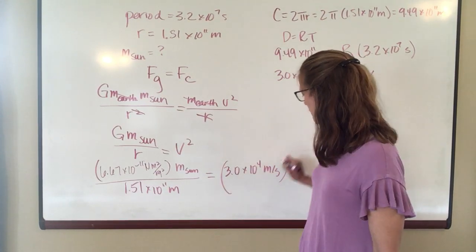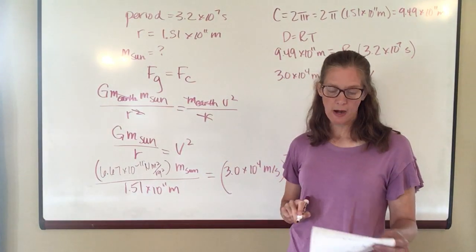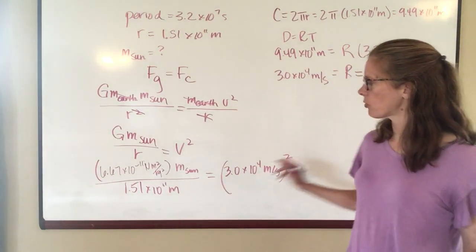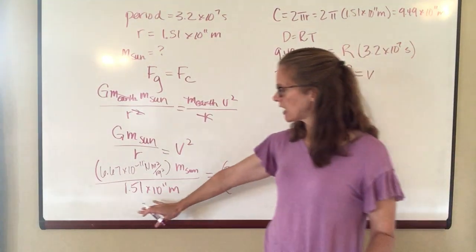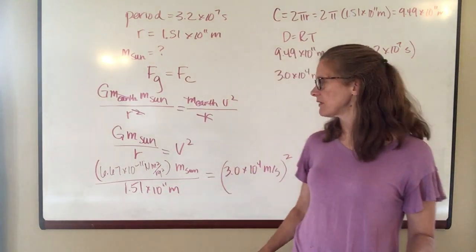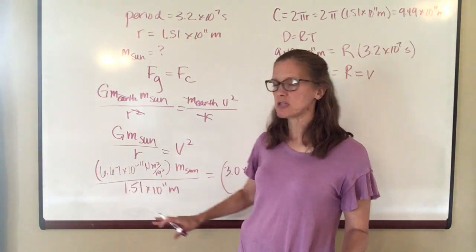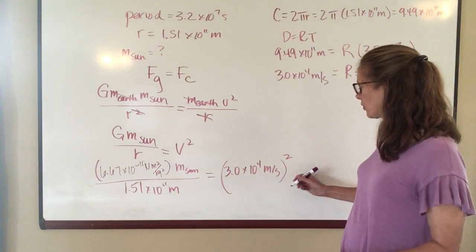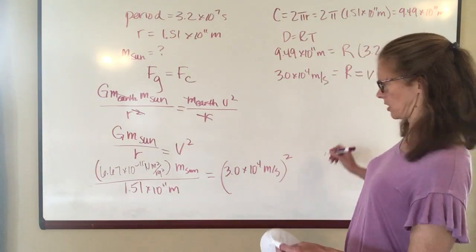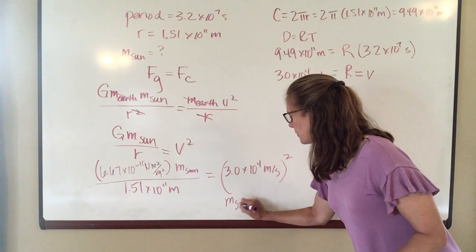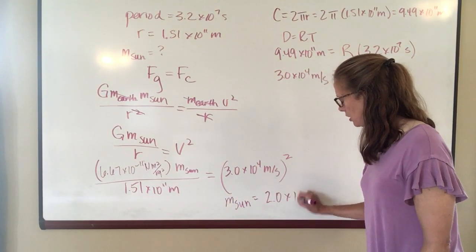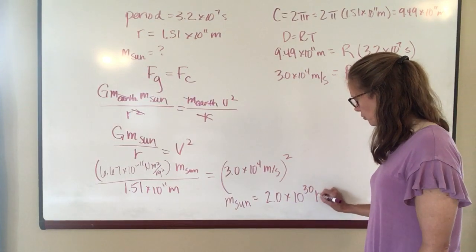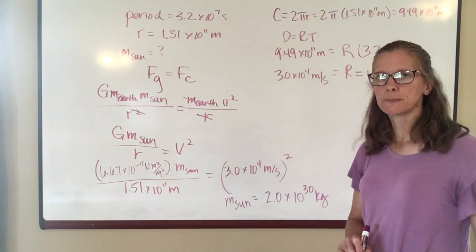I'm going to take that whole quantity and square it. So when you crunch through all of this algebra, you square this side, multiply both sides by 1.51 times 10 to the 11th, divide both sides by the gravitational constant, you will end up with a mass of the sun equal to 2.0 times 10 to the 30th kilograms.